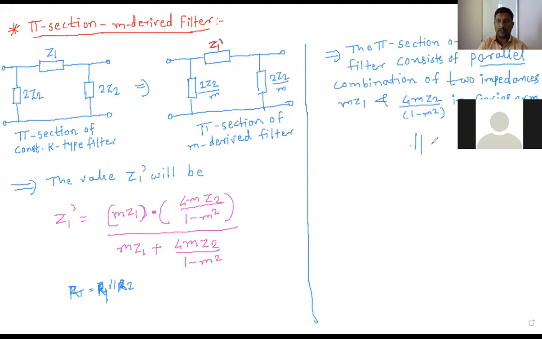So I will draw now the M derived pi section with the modification.